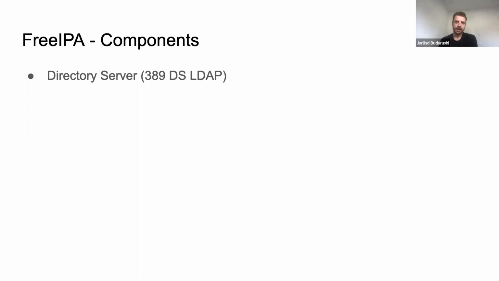This is the base of the whole identity management solution, and it serves the information for all identity, authentication, which we'll talk about, which is Kerberos, and authorization services and other policies that you would need in FreeIPA.